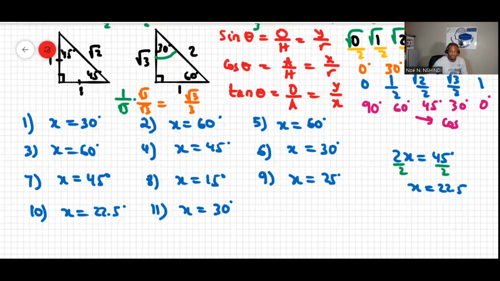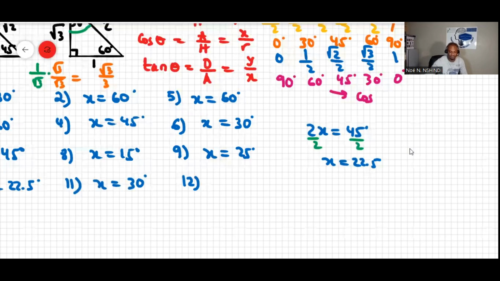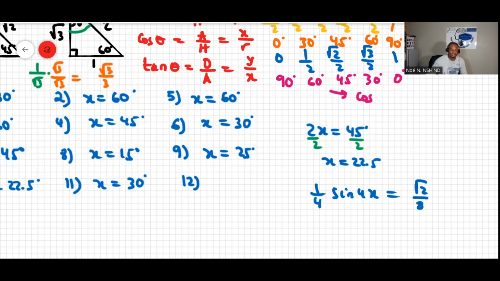And then question 12. So we have a quarter sine 4x equal to root 2 over 8. Now, I first need to get rid of this quarter here.